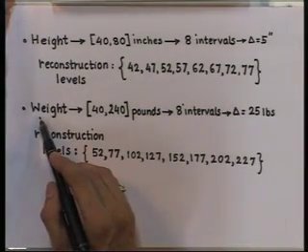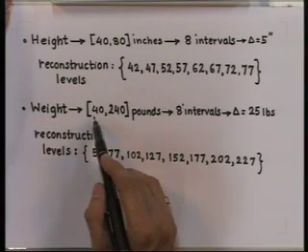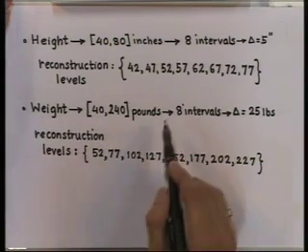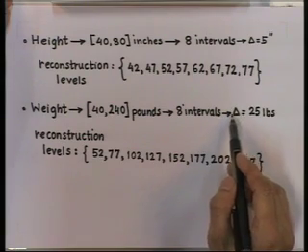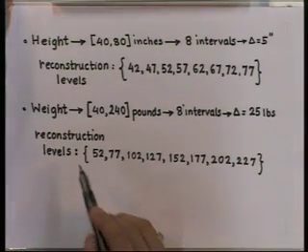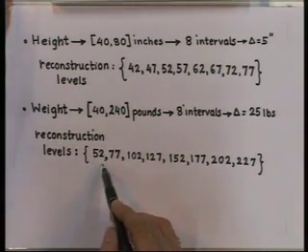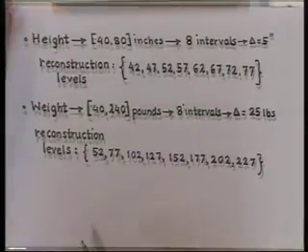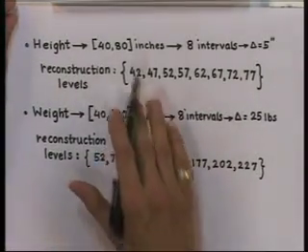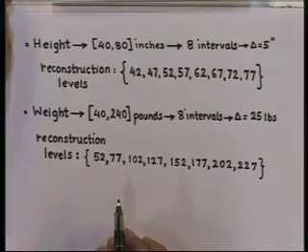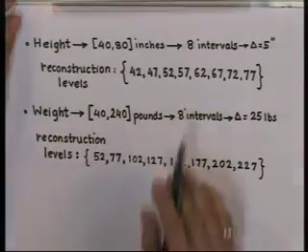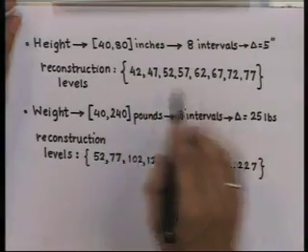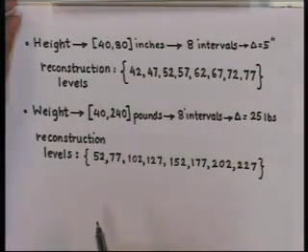Similarly, for weight with the range between 40 to 240 pounds and 3 bits of quantization will give us a step size of 25 pounds and the reconstruction levels as shown here. Now, this is what we get when we quantize height and weight individually. These are the individual reconstruction levels.